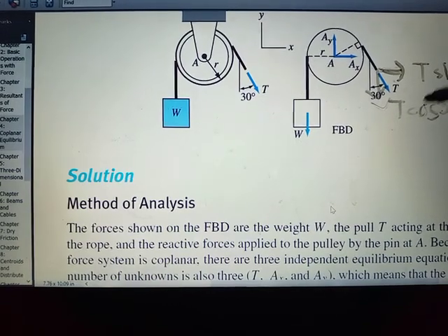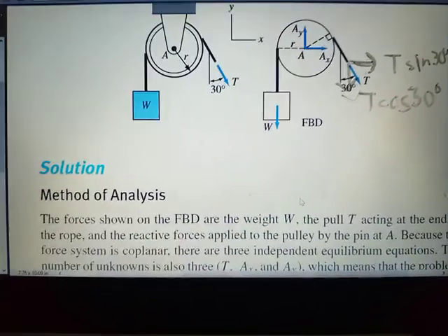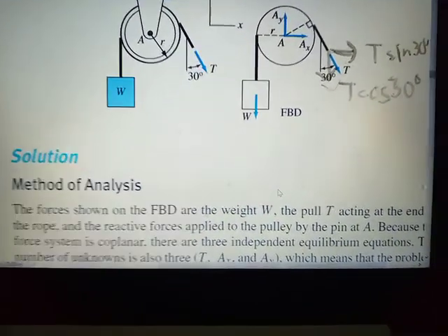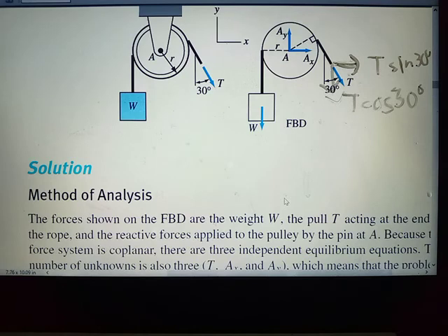But beware of the direction of your force system. When we sum up forces along horizontal, we have AX and T sine 30, and both of them are positive.